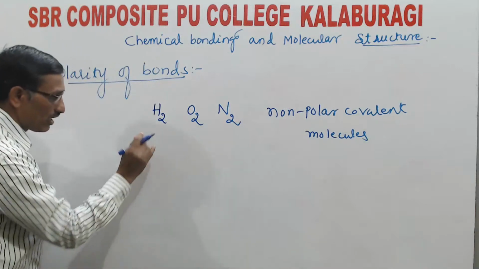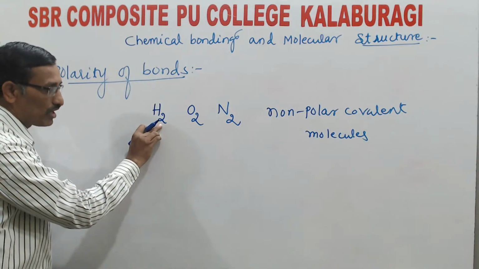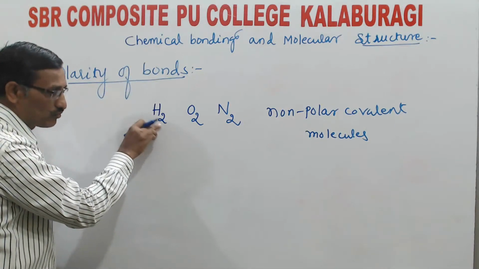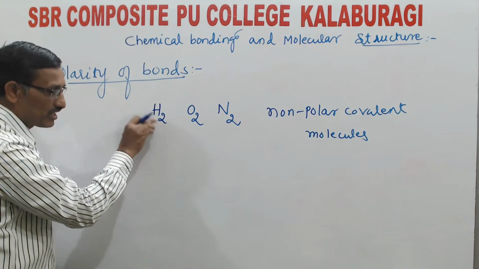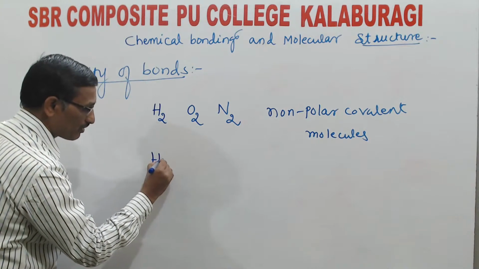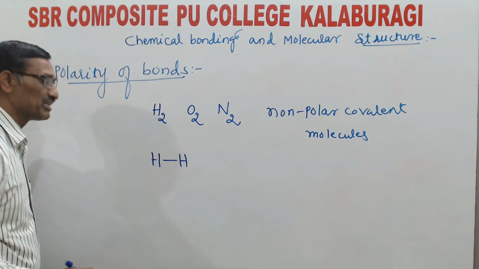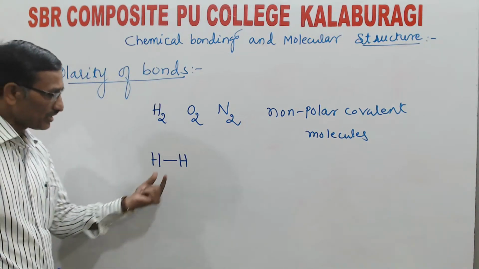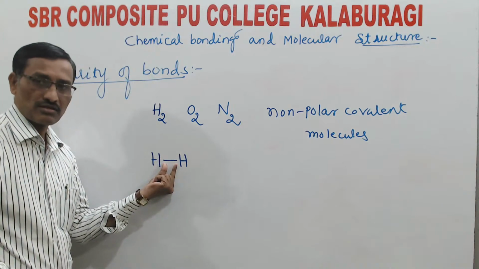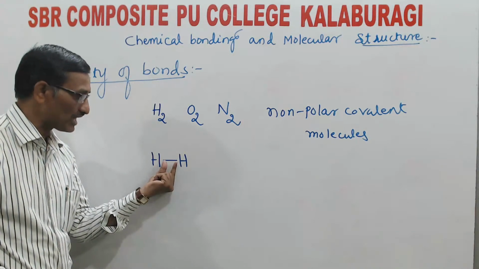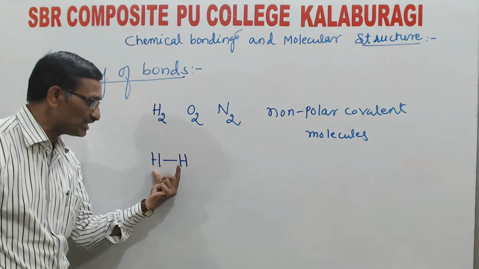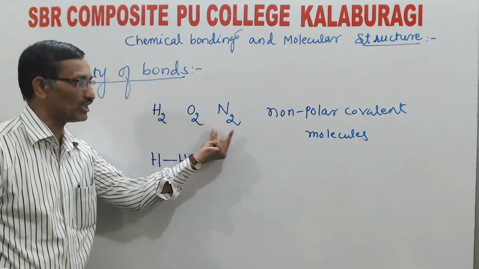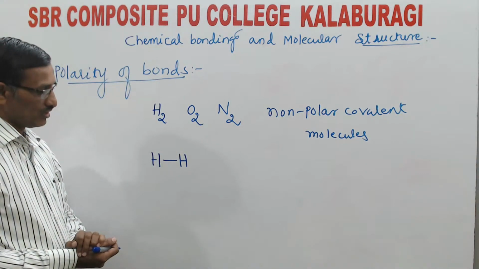If you take the hydrogen molecule, listen to me correctly, what do we come across? Between the two hydrogen atoms, there is a single covalent bond, and the bonded pair of electrons lies exactly between these two atoms. Why? Because they are the same atom. These are known as homoatomic molecules.